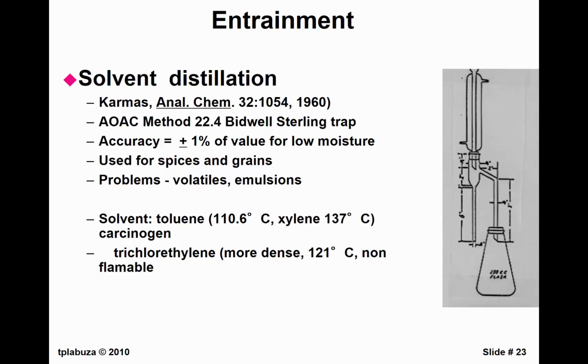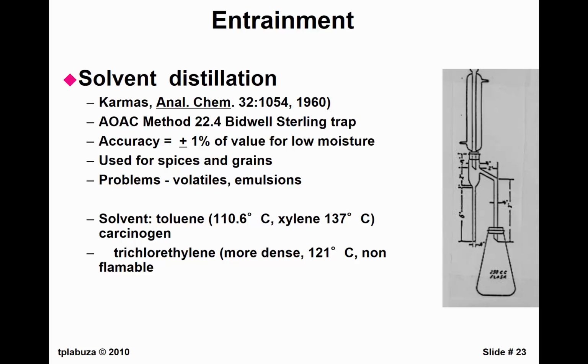Unfortunately, toluene is a carcinogen, and here we're heating it, and some of it is coming out of the condenser. Not all of it is going to be trapped, and so we stopped using that. People went to xylene, but then they found that was a carcinogen, and now they're using trichloroethylene.